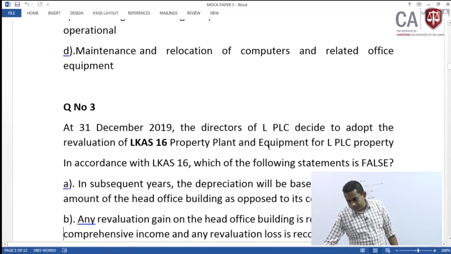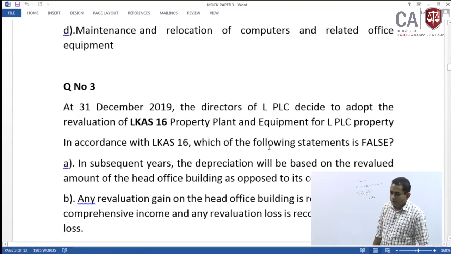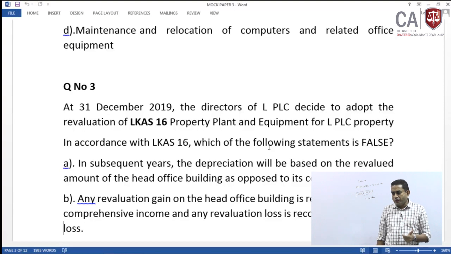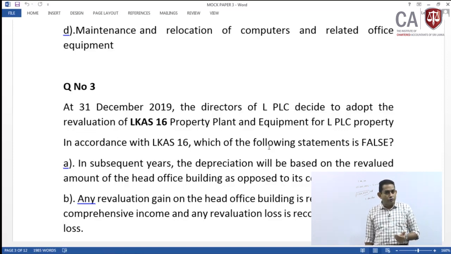And you must understand the question. You should emphasize and convince yourself. They want us to find the negative answer, not the positive one, the false one. So, you need to find the accounting treatment of these 4 which does not fit into the prescriptions and treatments of accounting in LK16 property, plant and equipment.